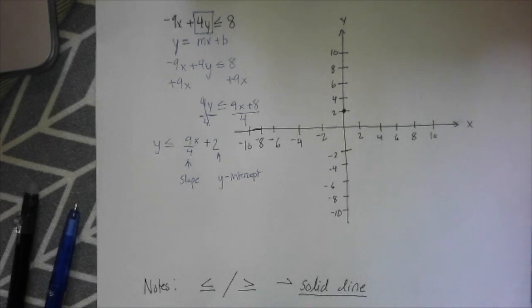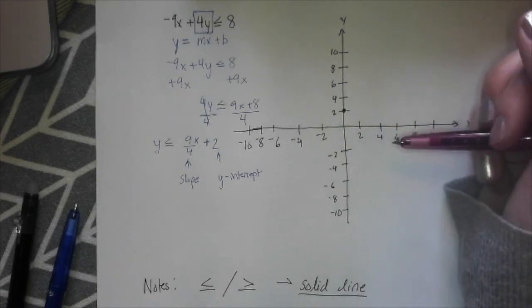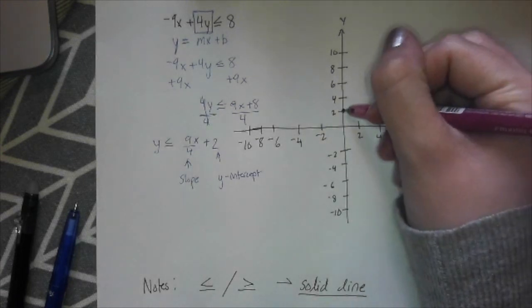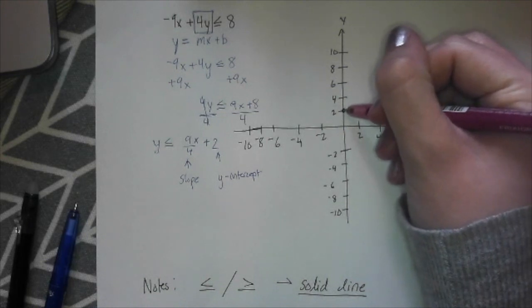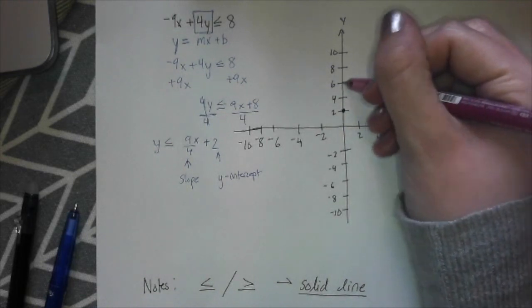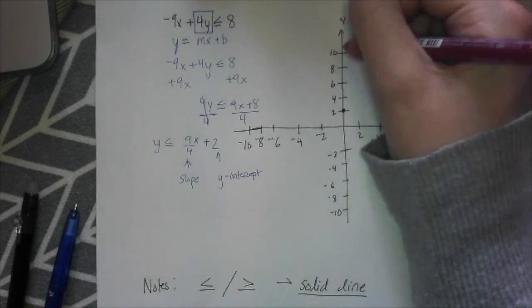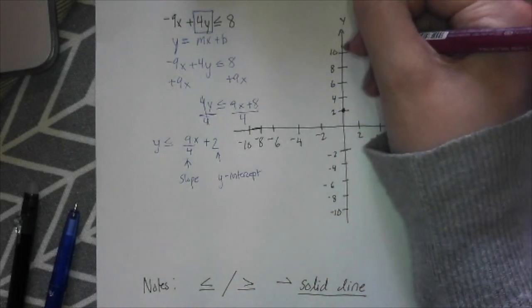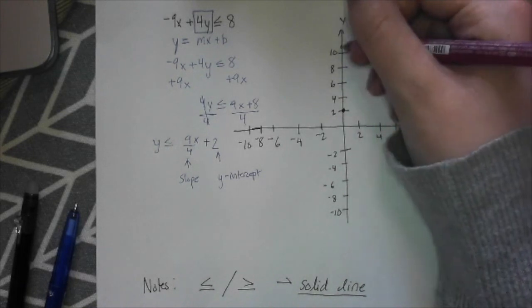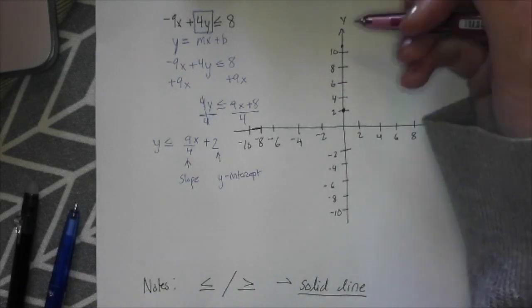So we have our point at our y-intercept, and now what we're going to do is go up 9. This is going up by 2, so we go up 2, 4, 6, 8, 9. So we wind up halfway between 10 and 12. Then we're going to go over 4.